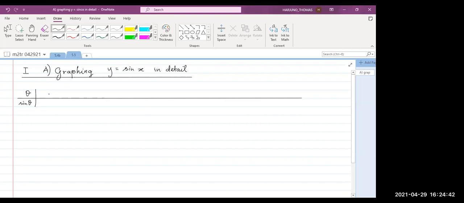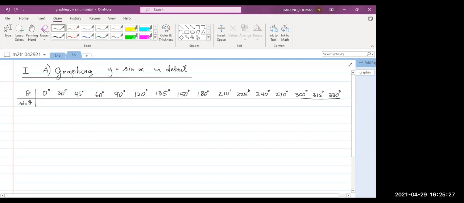The theta will be for special angles: 0 degrees, 30, 45, 60, 90, 120, 135, 150, 180, 210, 225, 240, 270, 300, 315, 330 degrees.